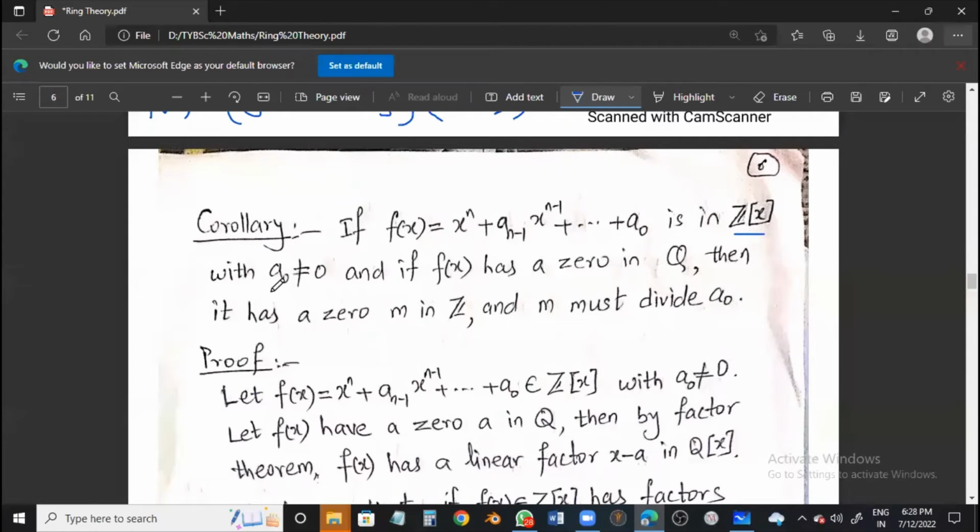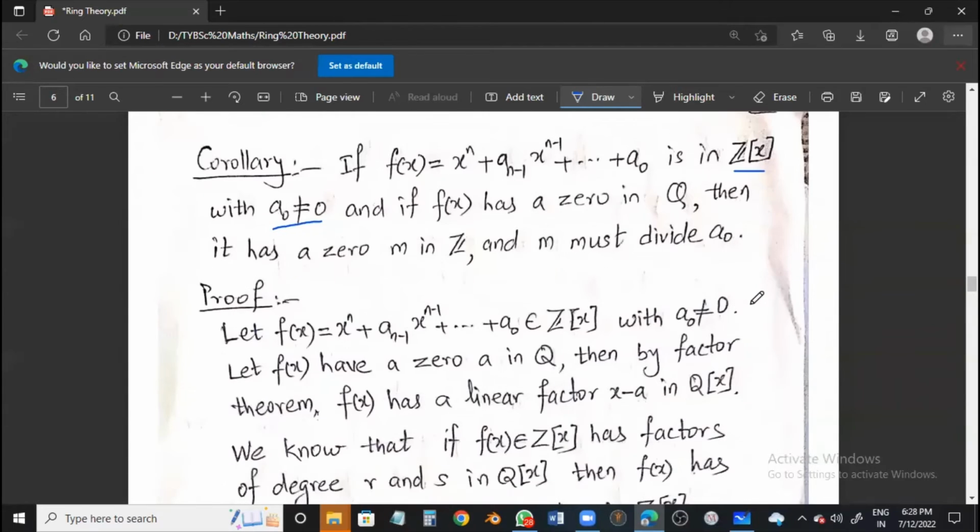And we are underlining that a naught is non-zero, meaning the constant term is not zero. Now, if f of x has a zero in Q, then it has a zero m in Z, and m must divide a naught. So here you need this particular theorem. This is actually a corollary to that theorem.